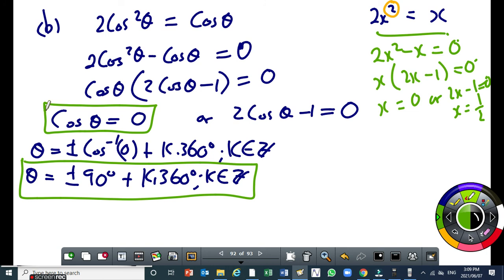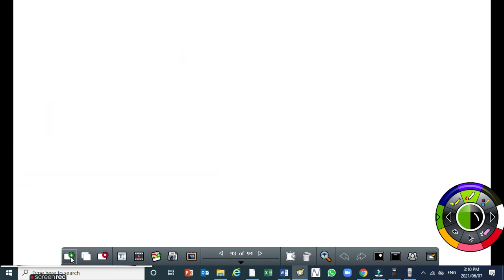I'll simplify that by making cos theta the subject in that equation. 2 cos theta minus 1 equal to 0 becomes 2 cos theta equal to 1.